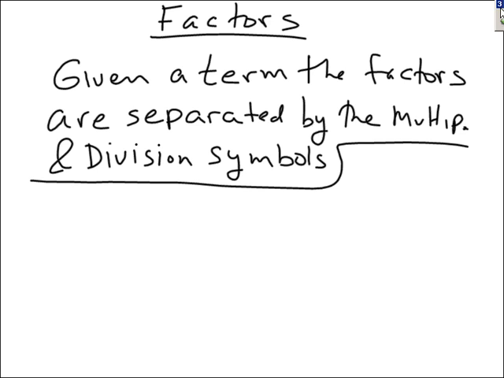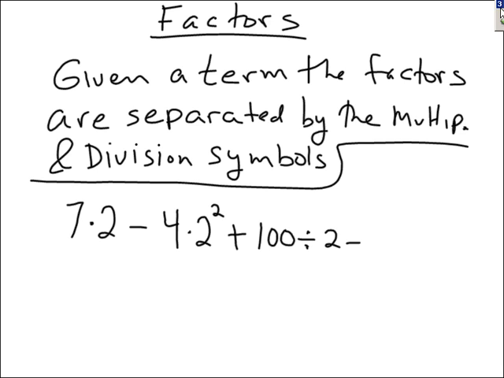If you were asked to calculate this: 7 times 2 minus 4 times 2 squared plus 100 divided by 2 divided by 10 plus 16 divided by 2 squared.